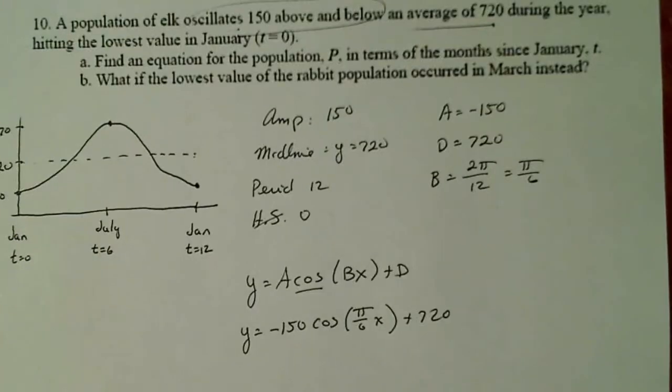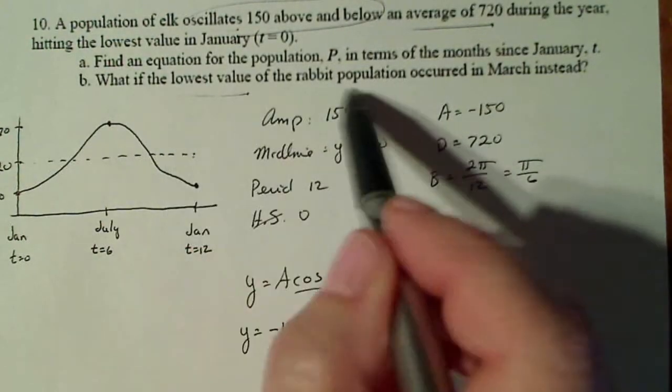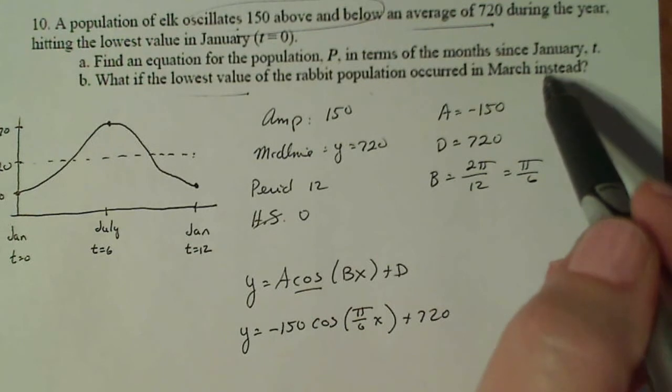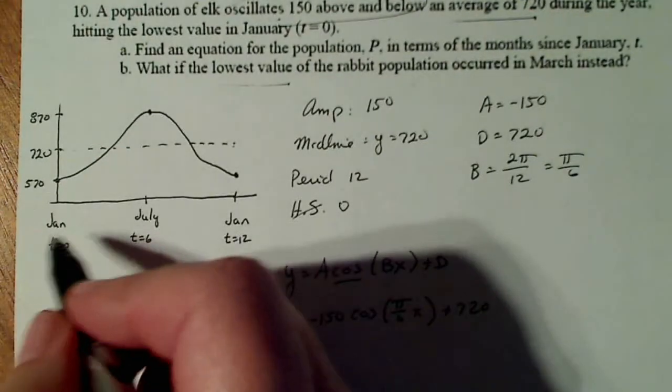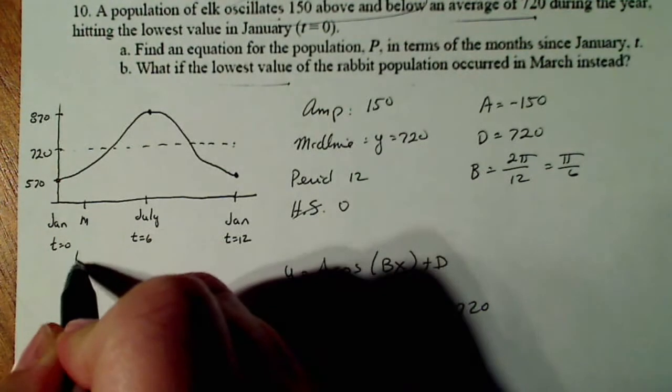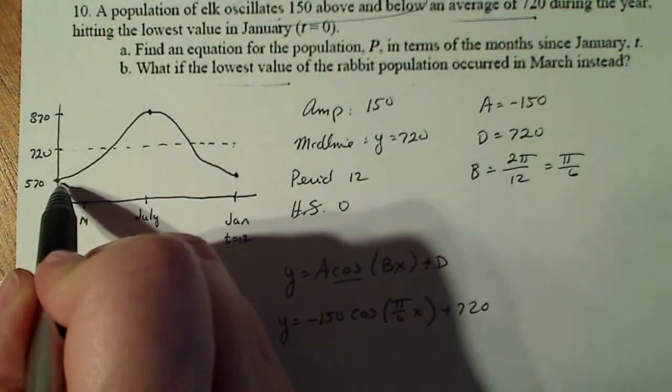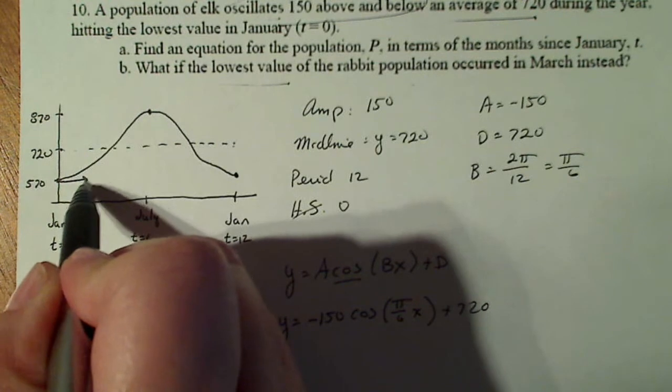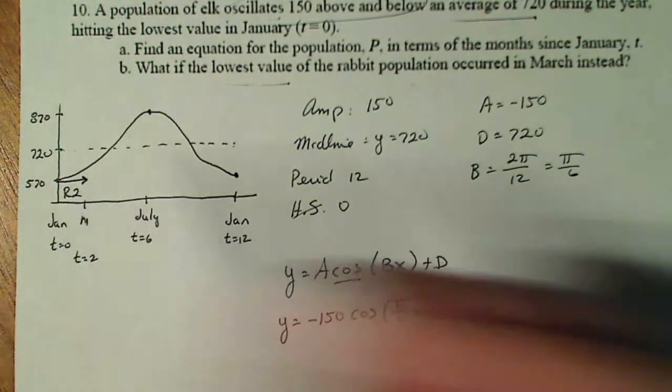Now part B. What if the lowest value of the rabbit population occurred in March instead? So now instead of being in January, it's going to be in March, which is t equal 2, now shifting all the points to the right 2 units.